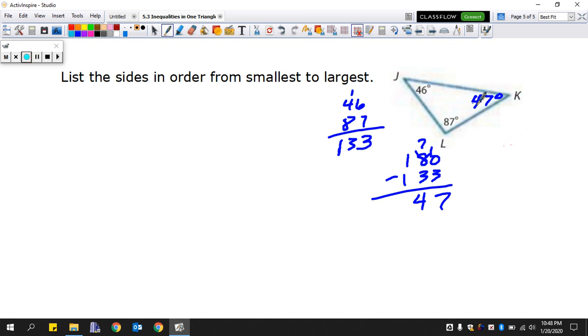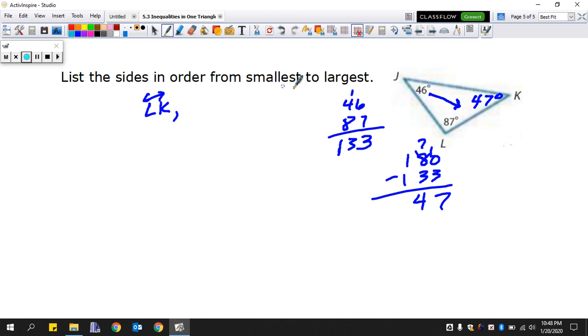All right. It's important to notice that because we have to know if this is bigger or smaller than any of the other angles, and we see that indeed it is larger than angle J. Okay, so the smallest one is angle J. The side that's opposite angle J is line LK. Okay, line LK.